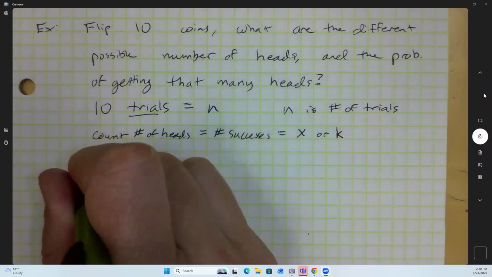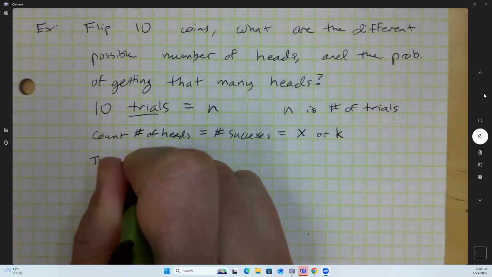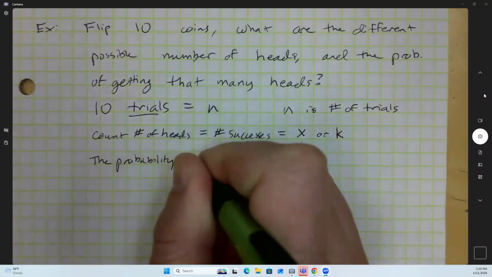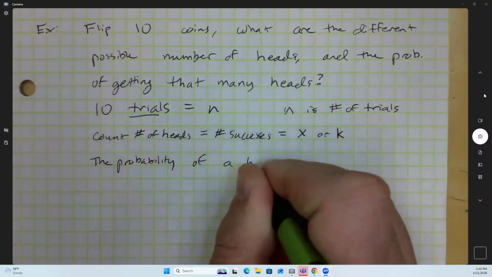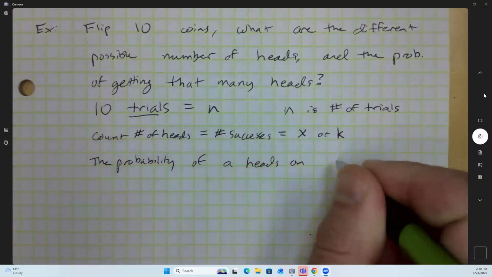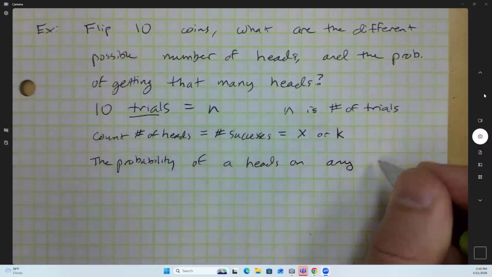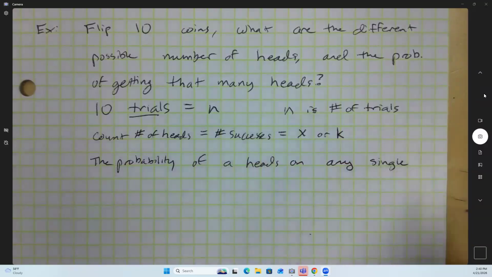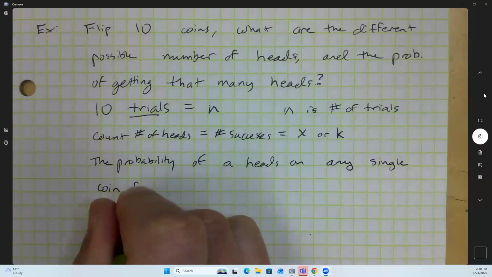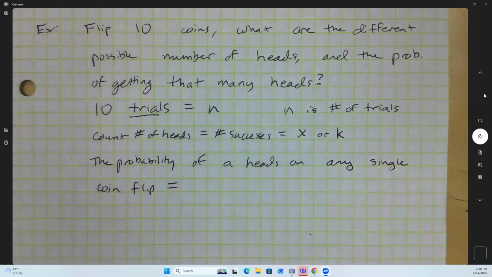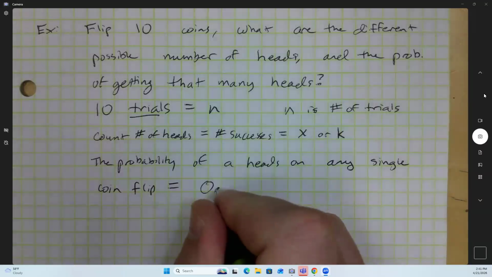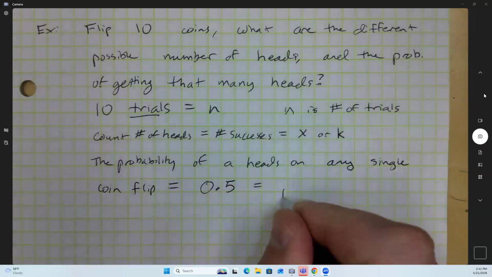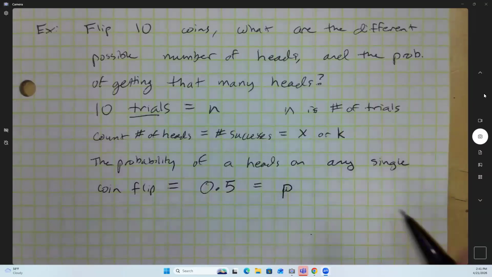So we want to know the probability of a heads on any single coin flip, which, if we imagine these are truly fair coins, is 0.5. We give that the letter P for probability.